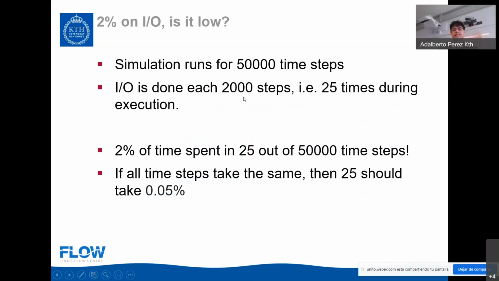So assuming this is a linear operation, if we want to write the data of 250 time steps, then we have 20% of the time spent in I/O, right? So this is something that we do at the moment simply because we know that we affect performance if we do too much I/O, so we just try not to do it. And also, of course, the files are usually quite big, so if we store too much, we begin to run out of storage. So that's also very important.